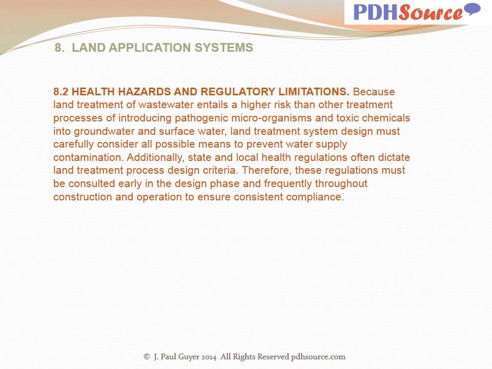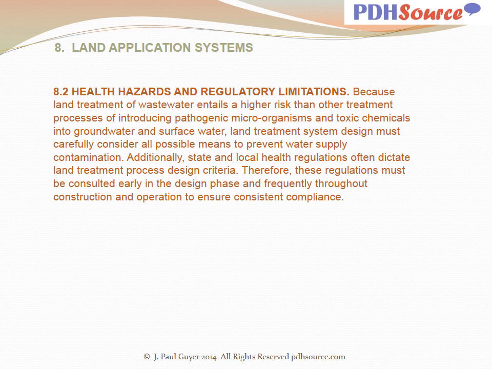There are health hazards and regulatory limitations that are encountered with land application systems. Because land treatment of wastewater entails a higher risk than other treatment processes of introducing pathogenic microorganisms and toxic chemicals into groundwater and surface water, land treatment system design must carefully consider all possible means to prevent water supply contamination.